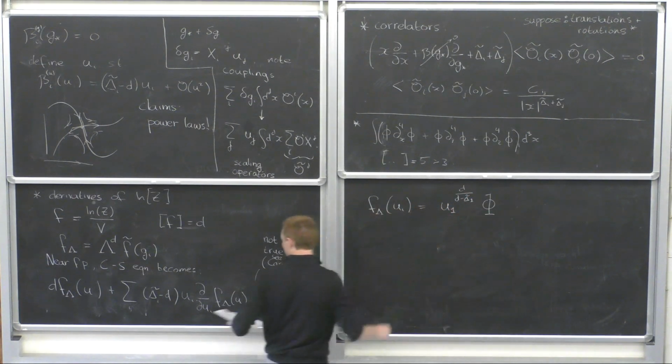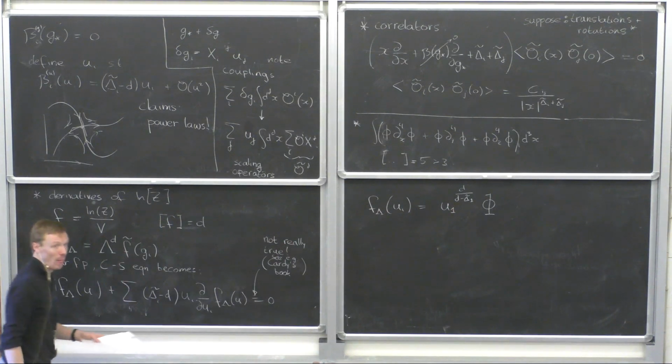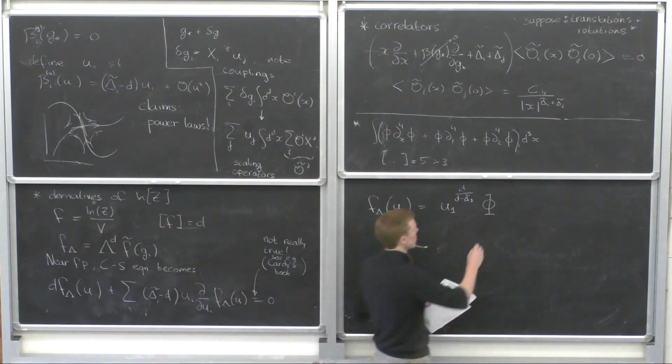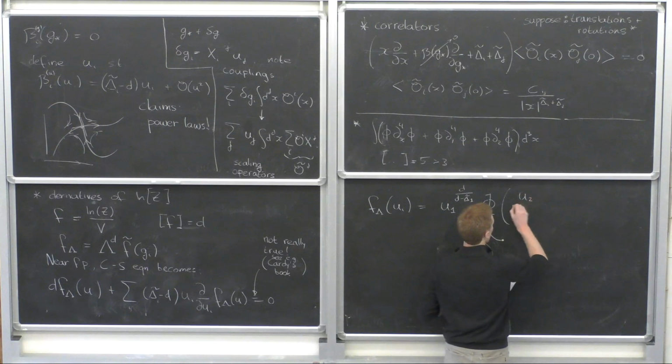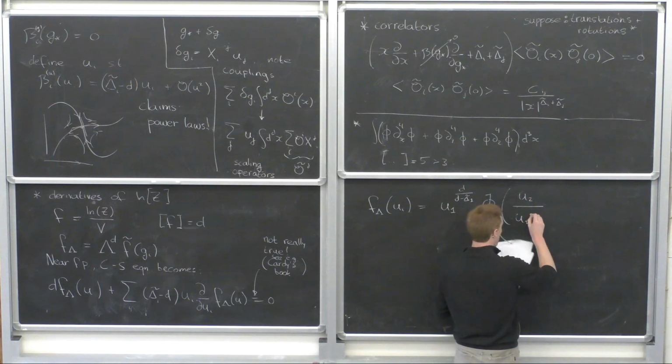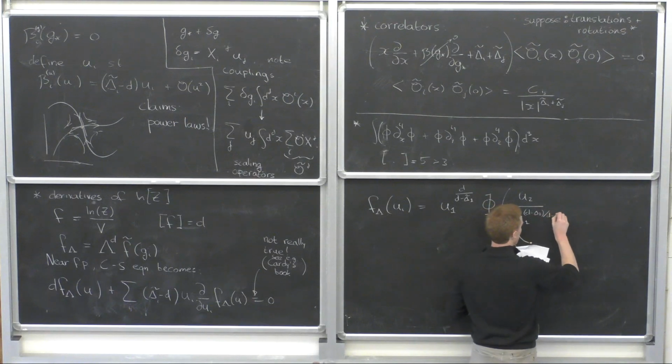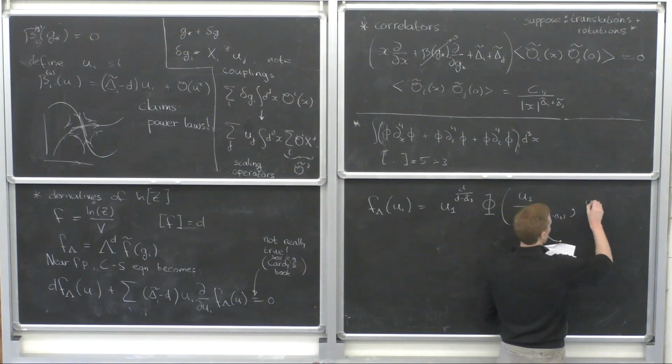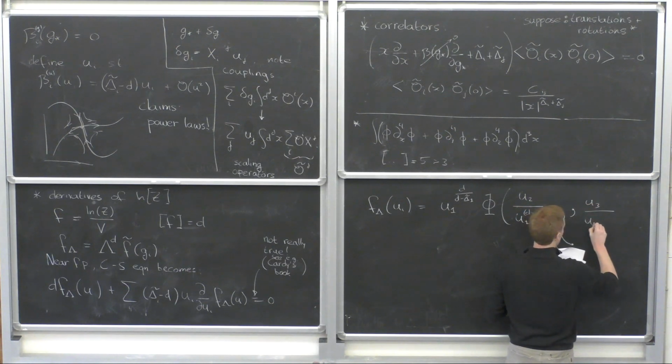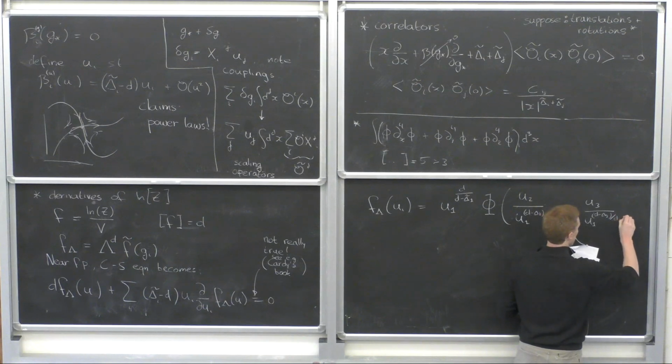That takes care of this d piece, and then some combinations of the other u's: u2 over u1 to the power d minus delta 2 over d minus delta 1, u3 over u1 to the power d minus delta 3 over d minus delta 1, and so on.